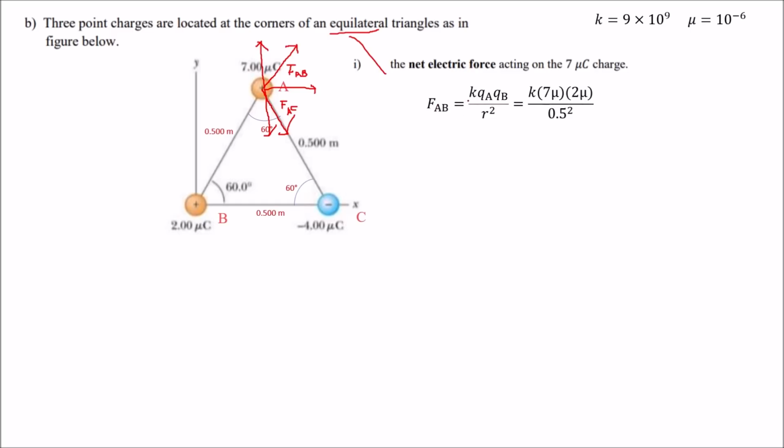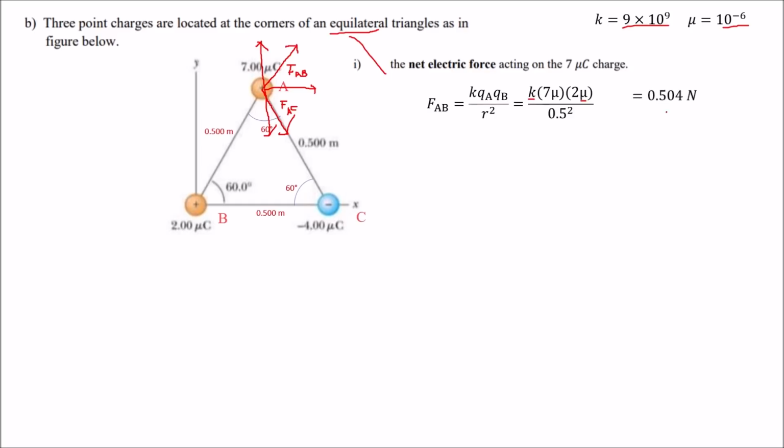So for FAB, same just like before, k QA QB over r squared. So we put in all the values. Again, we don't have to put in the sign because we just want the magnitude. So micro is exponent -6, k is 9 exponent 9.